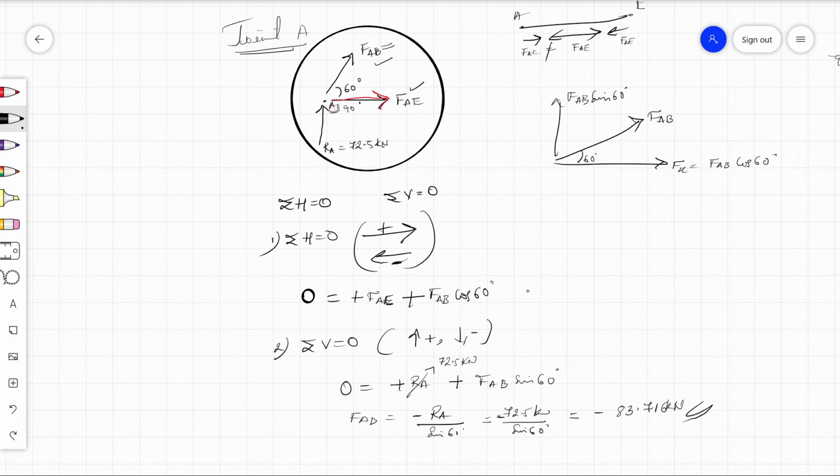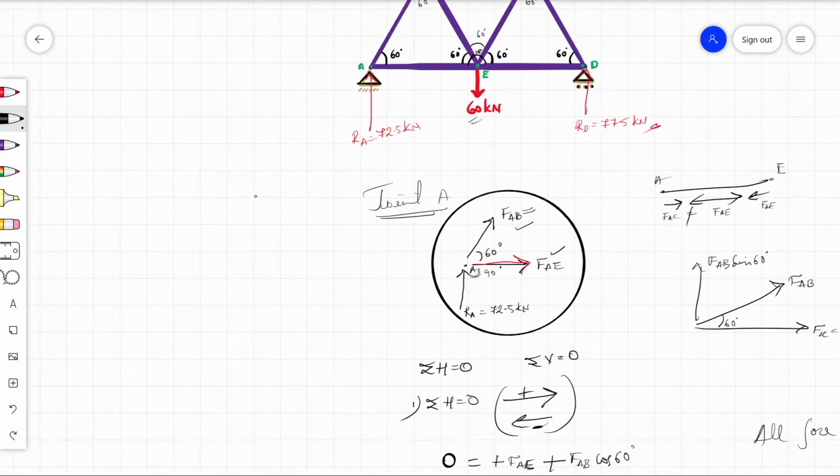Oh, the value came out negative. But in the first assumption, all forces are in tension, right? If something comes out negative, then that is compression. So you can write this as 83.71 compression. So we got to know the value of FAB.